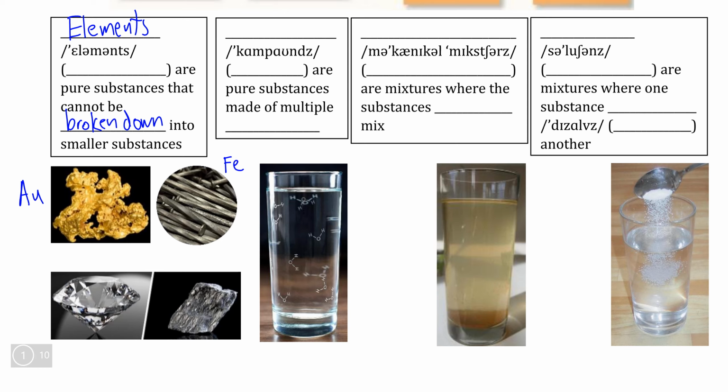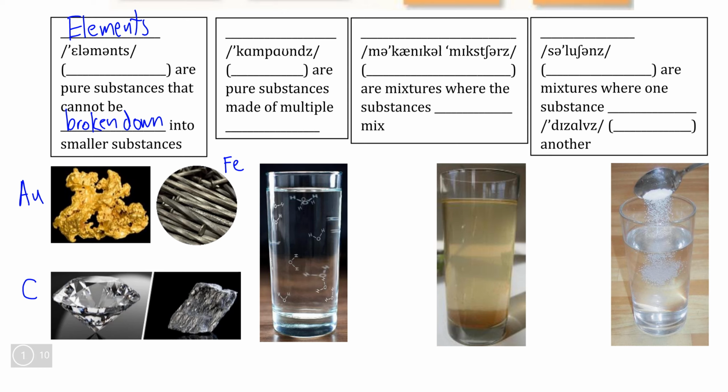And in the case of the diamond and this form, which is what we call graphite, we know that these are both examples of carbon, chemical symbol C. So all three of these are examples of elements because we cannot break them down into something smaller or fundamental.